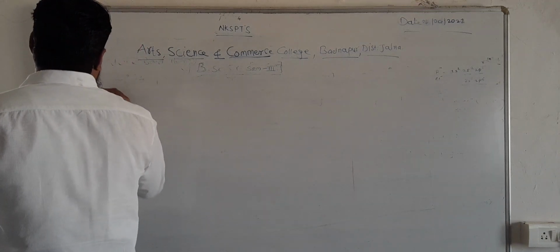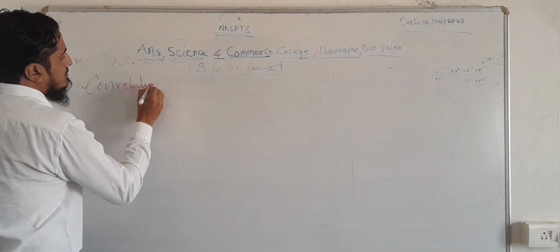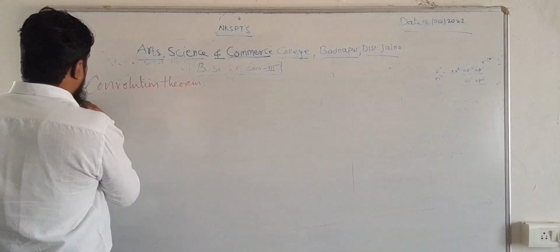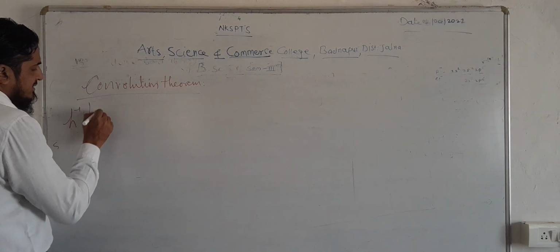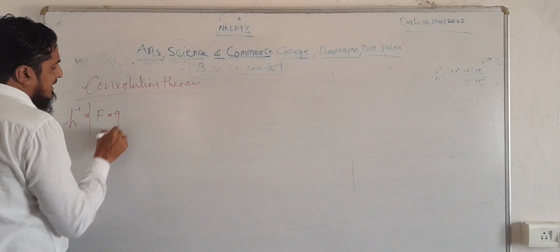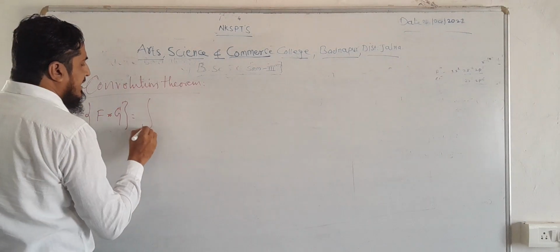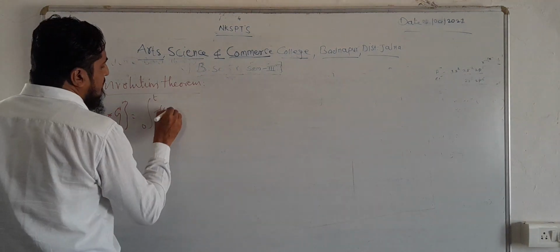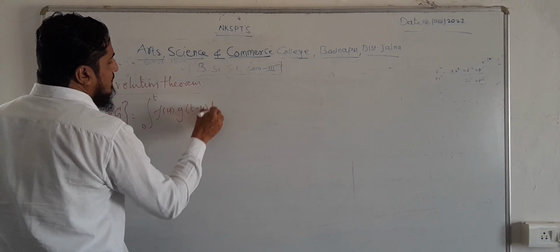Convolution theorem, in which we have two functions in multiplication. We will get the integration from 0 to t of f(u) g(t minus u) du.